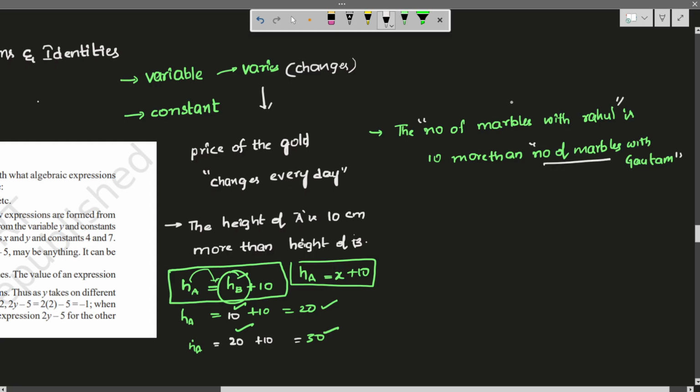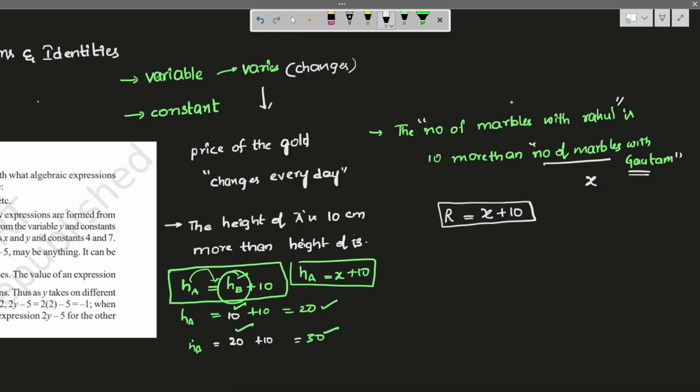I don't know the number of marbles with Gautam, so I can take it as some x. Since Rahul has 10 more than Gautam, Rahul will have x plus 10.